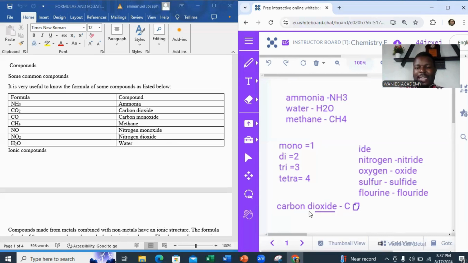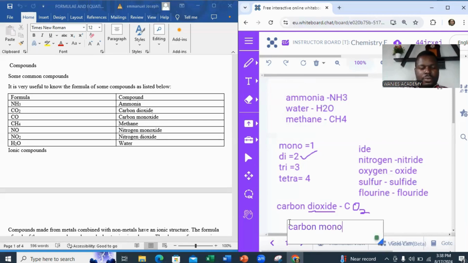And the di here, remember, denotes two, so we'll put two. So carbon dioxide means carbon bonded to two oxide ions. The di means two.